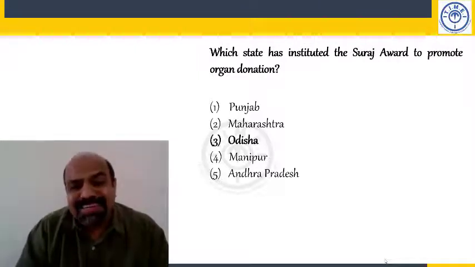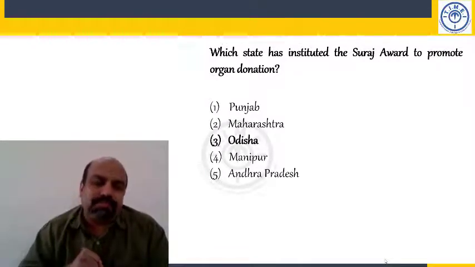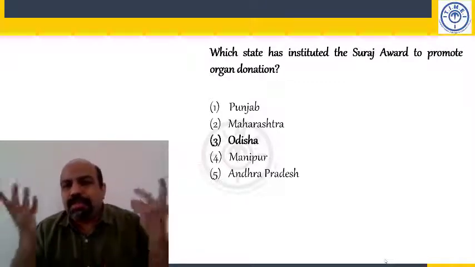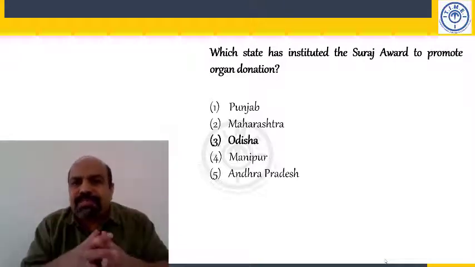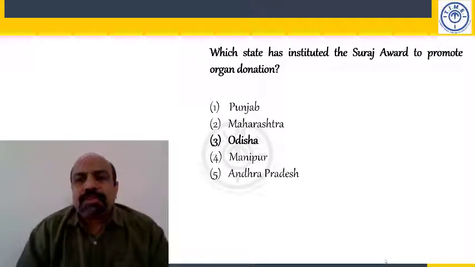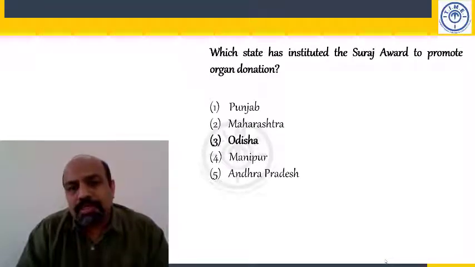I just don't understand that thing. So this is what stops us from organ donation. Otherwise, see the number of people. India has the world's biggest blind population. So Odisha has started this very good organ donation drive.